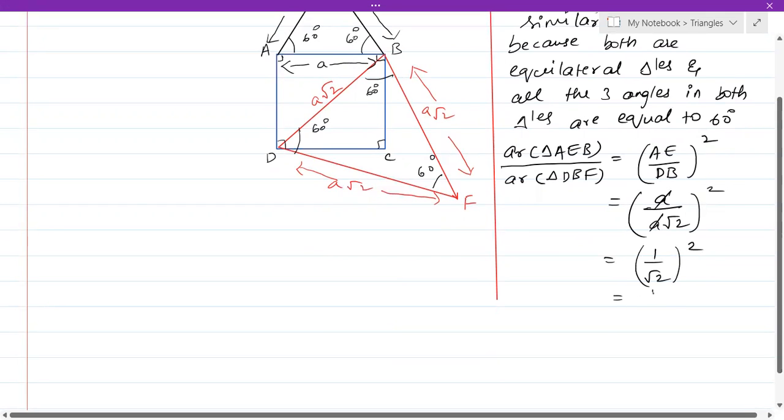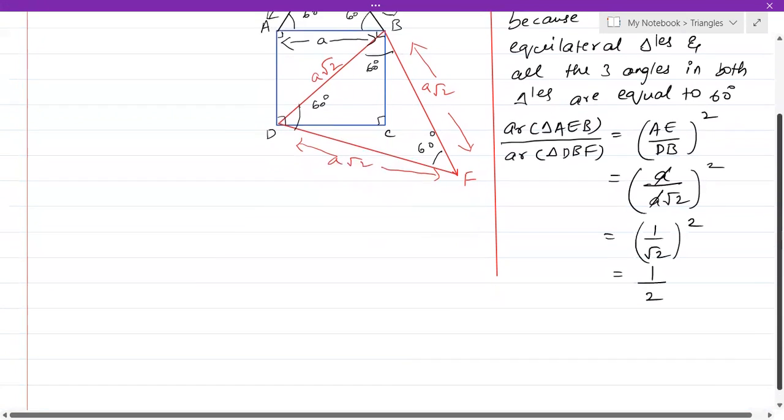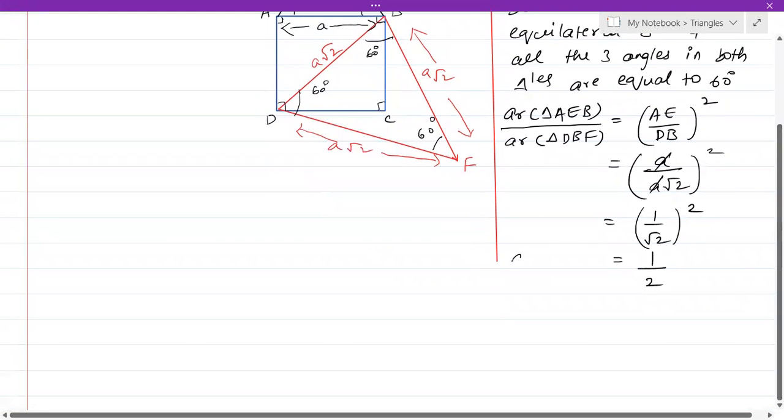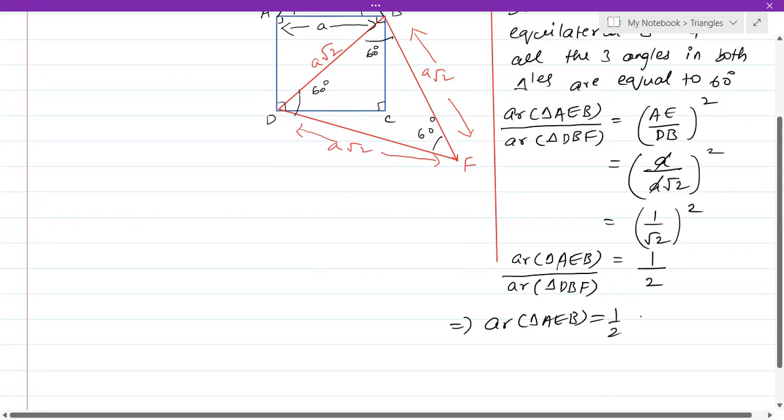That becomes 1 squared is 1, root 2 squared is 2. So area of triangle AEB by area of triangle DBF is equal to 1 by 2. Taking the area of DBF to the other side, area of triangle AEB will be half the area of triangle DBF.